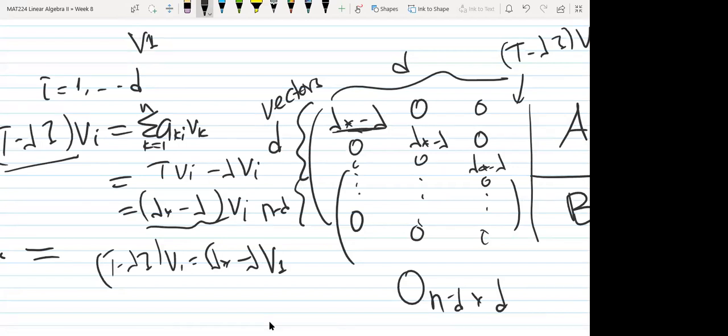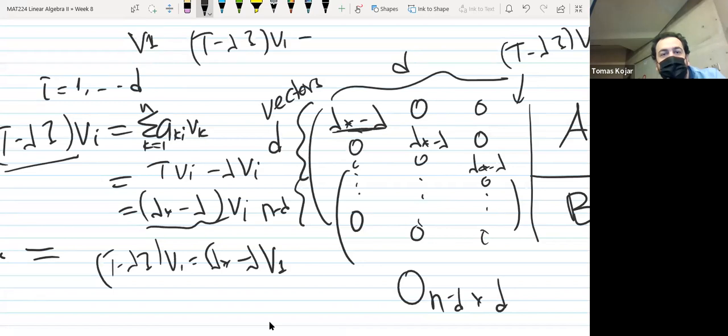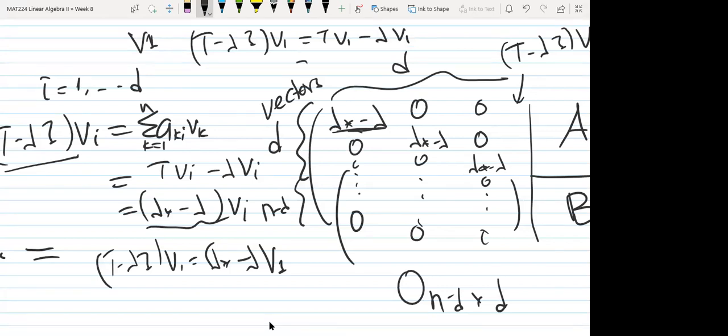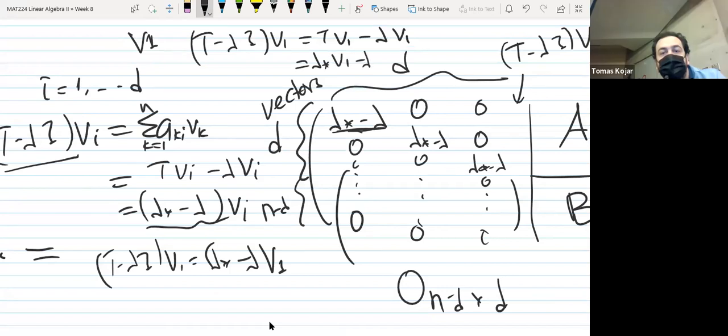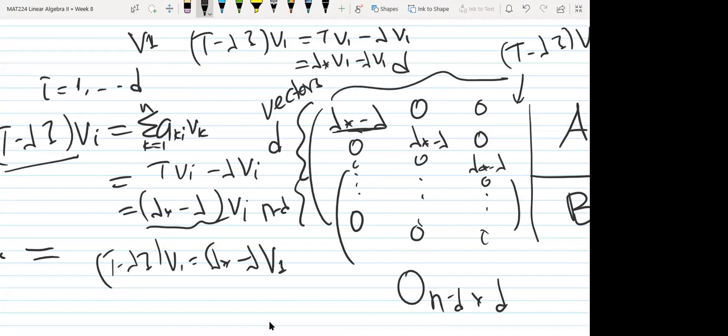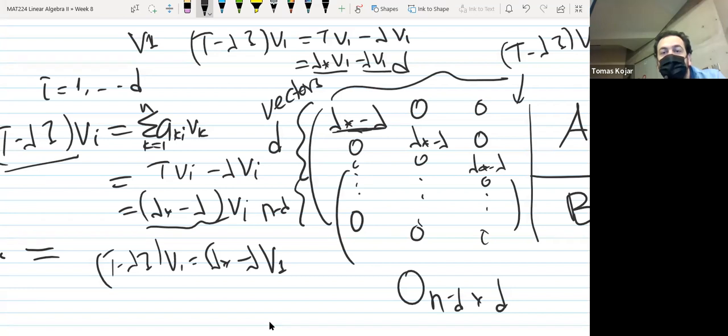Then T minus lambda I of V1 is T V1 minus lambda V1 by linearity, right? So this is lambda star V1 minus lambda V1, right?